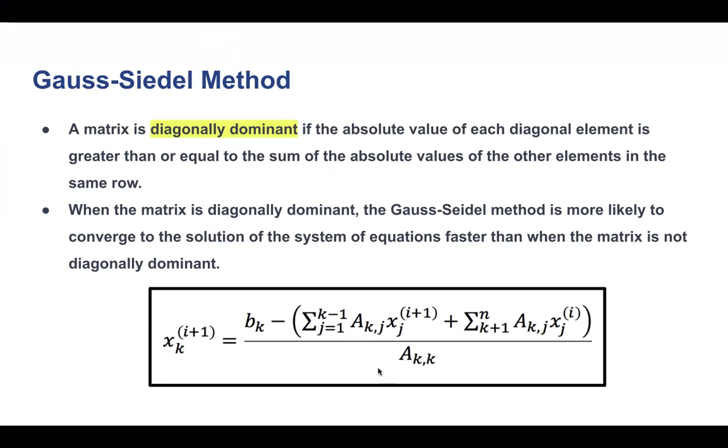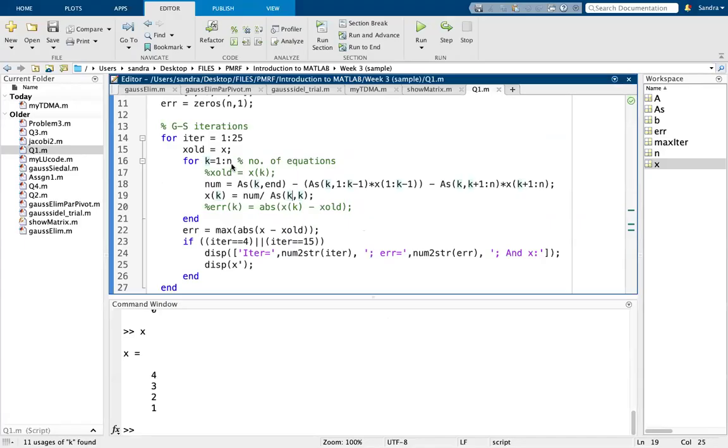Go back to Matlab. AS, k means it will be a particular row. nt means it will be taking the last element of that row. So this will give you bk. AS is the augmented matrix, and the corresponding row's last element is bk.